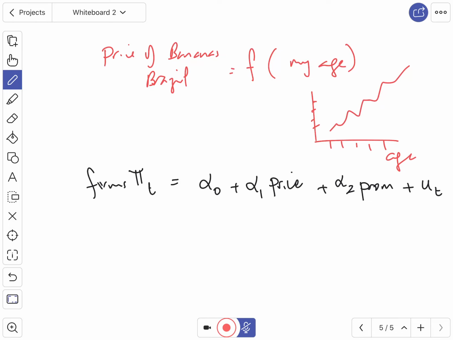Based on economic theory, I know that as the price increases, the firm would make more profits. So I'm expecting this sign to be positive, right? As the firm spends more on promotion, then I expect the firm's profit to increase. So I'm expecting the sign to be positive, right?